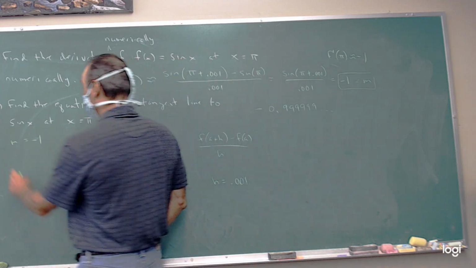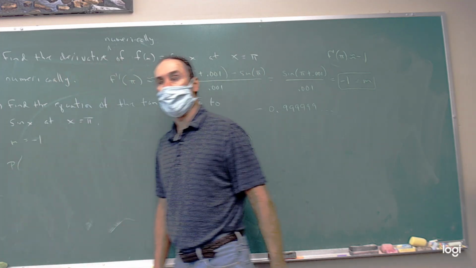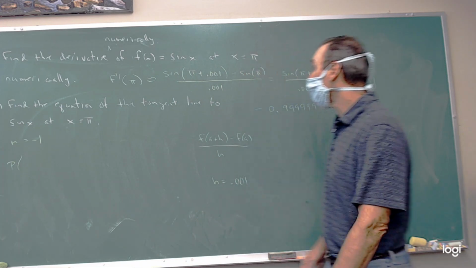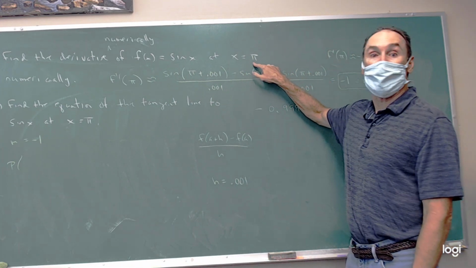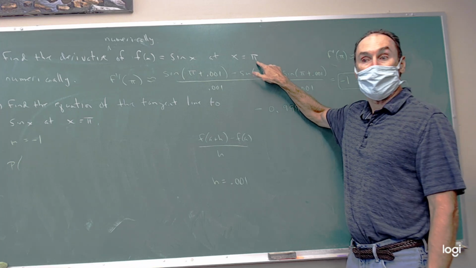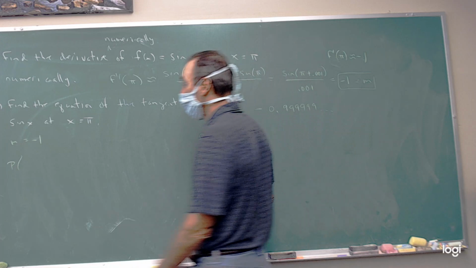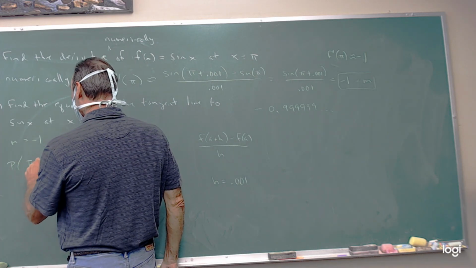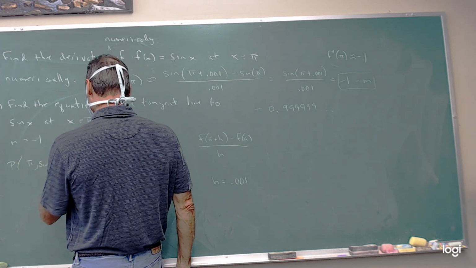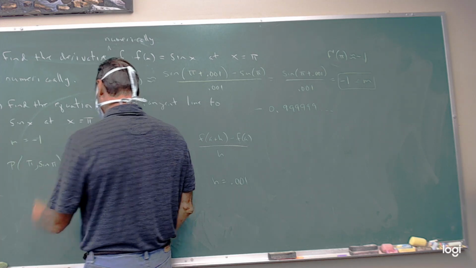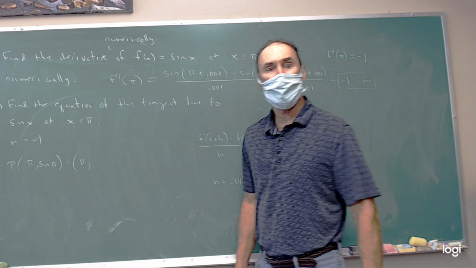So let's find a point. It's not just any point, because we're trying to find the tangent line at the point of tangency, so it's got to be at pi. So pi, sine pi. Yeah, exactly. And we happen to know sine of pi is 0.